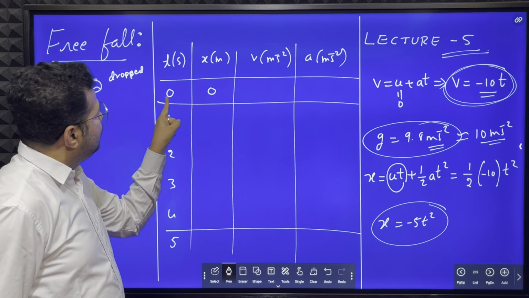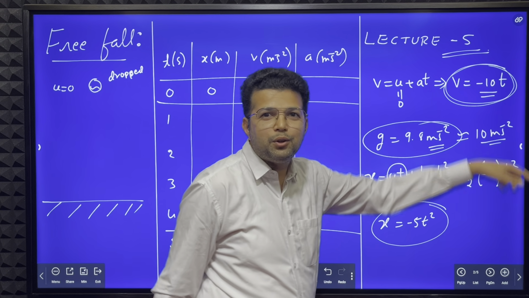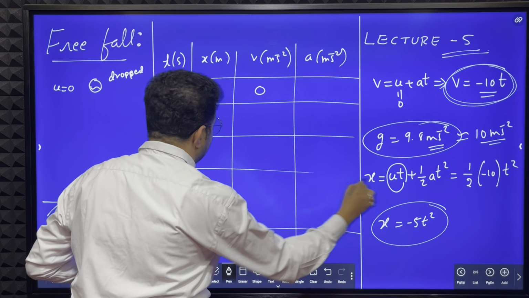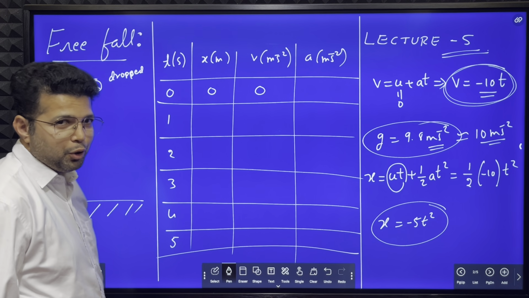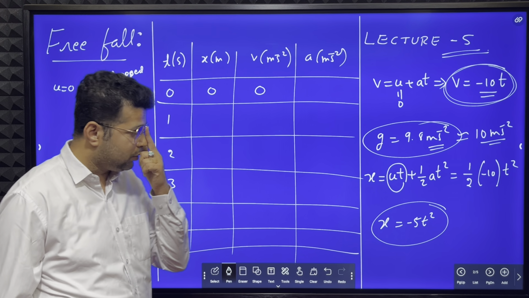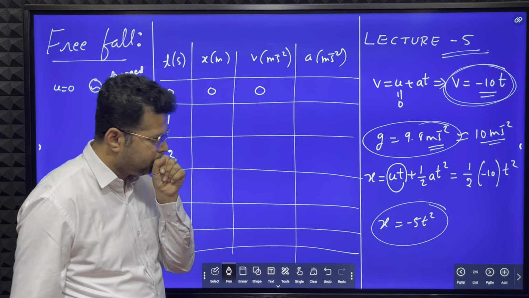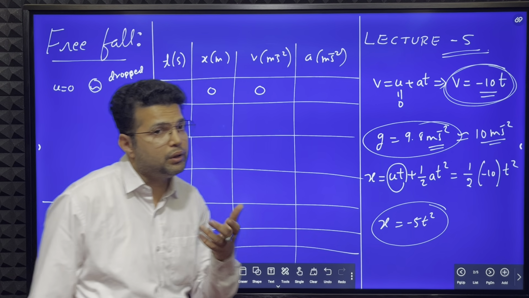So what about velocity? Velocity is minus 10 into 0, which is 0. Like that we have to do the calculation. You can do the calculation. Hope you are sitting with the pen and paper, notebook. I have asked you to do the notes. This is very, very important. Let us keep on calculating displacement first. When t is equal to 1, minus 5 into 1 square. 1 square is 1, so minus 5.